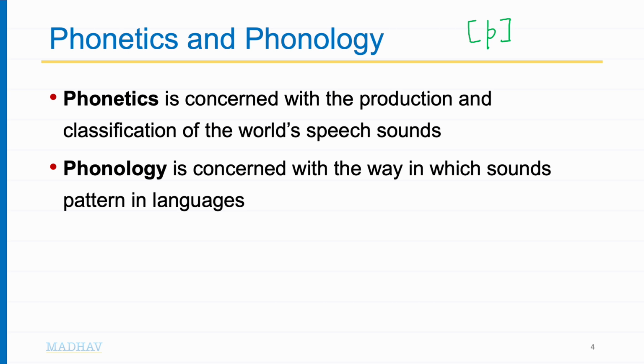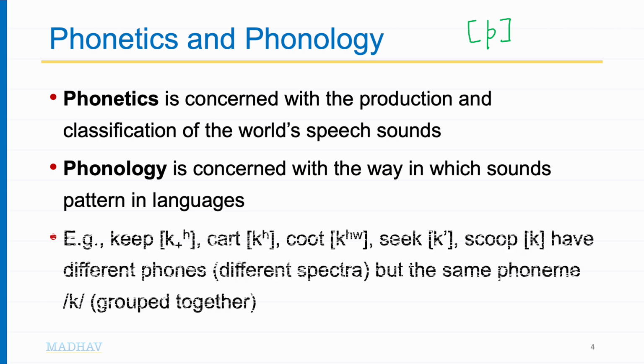In phonology, we are not concerned with spectra or how things look, because things may look different, but they may be the same. I'll give an example. Take the example of k. You can say keep. So keep in British English, it's a k sound.